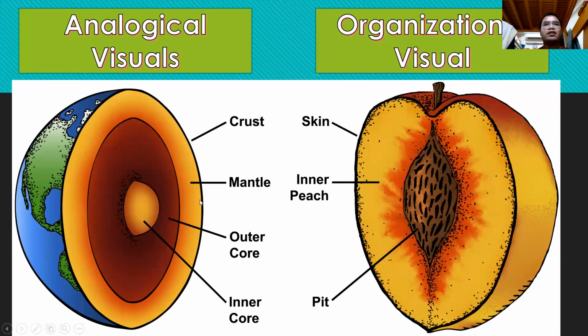The mantle is analogous to the inner peach, and then the core is analogous to the seed or to the pith of the pear. So we call this analogical visual. So when you're presenting two ideas side by side, so that students will be able to point the comparison or compare and contrast two materials or objects.